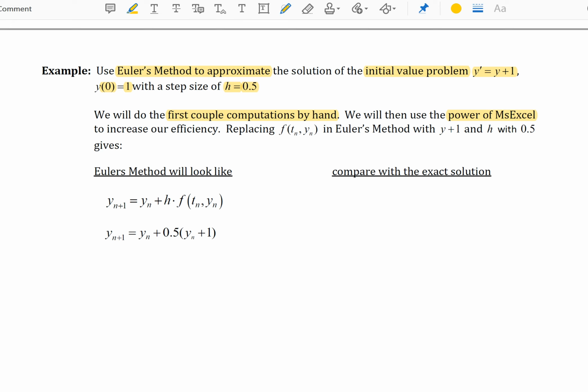So replacing f of tn, yn in Euler's method with y plus 1 and h with 0.5 gives the following. So here we have our general formula for Euler's method. And we're going to replace our step size and the expression for f of tn, yn. Remember, this is the derivative.